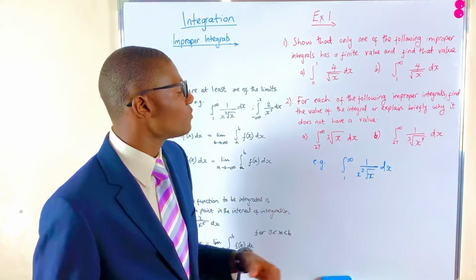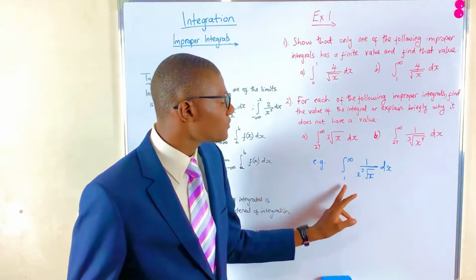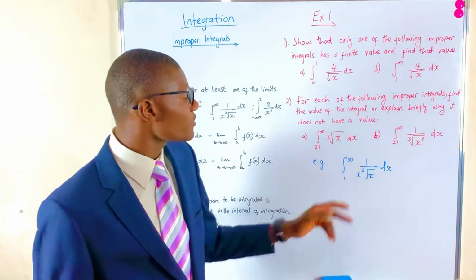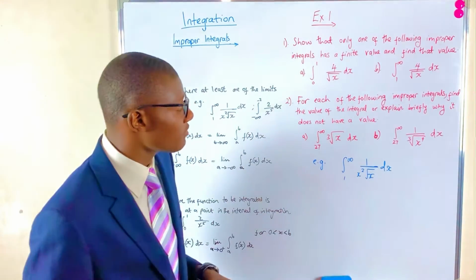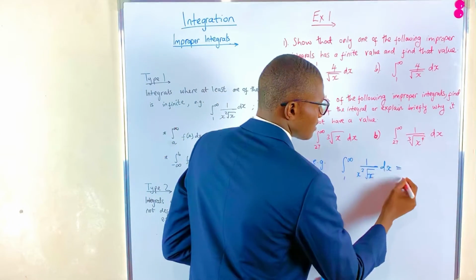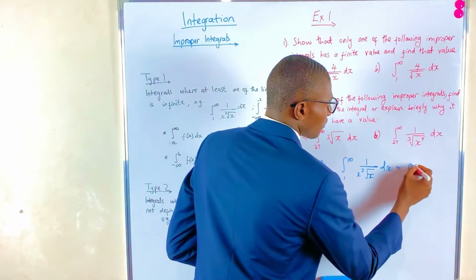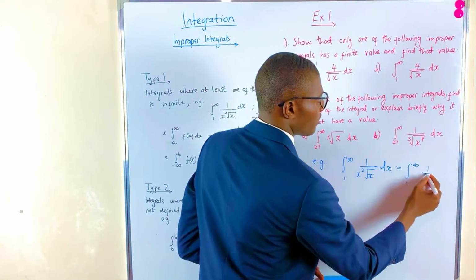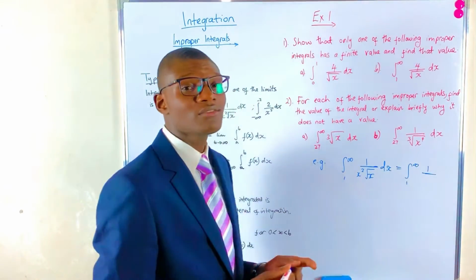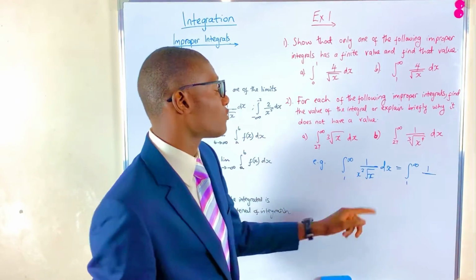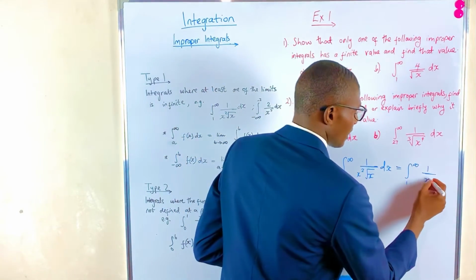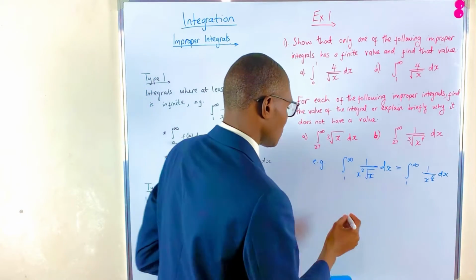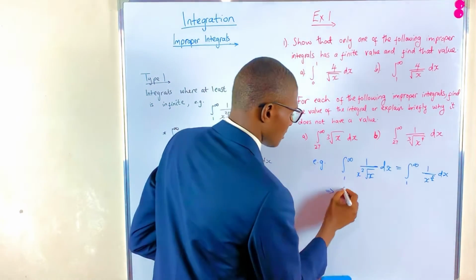The integral of 1 over x squared times root of x with respect to x from 1 to infinity is also the same as the integral from 1 to infinity of 1 over x to the power of half times x to the power of 2, which gives x to the power of 5 over 2.